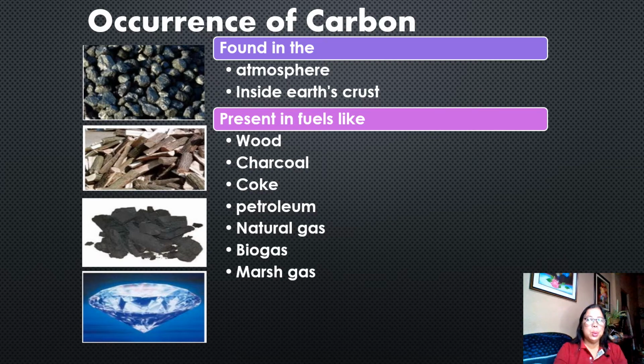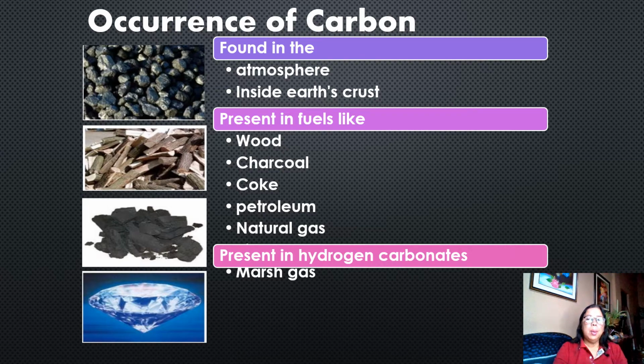Petroleum provides you carbon, the natural gas, biogas, marsh gas. All of these are converted into energy, and some of which will produce pollutants that could lead to global warming.